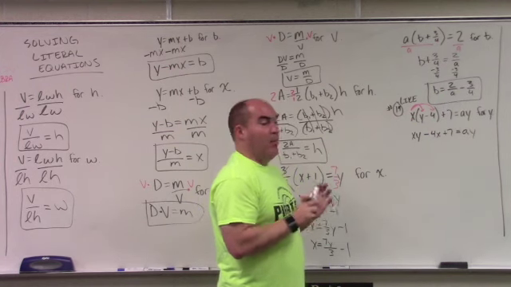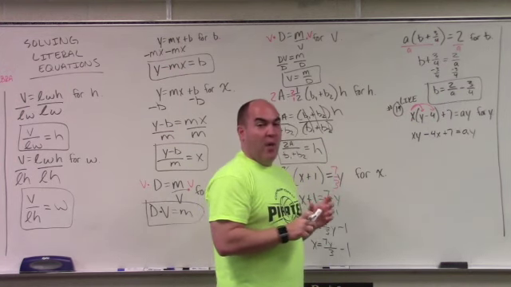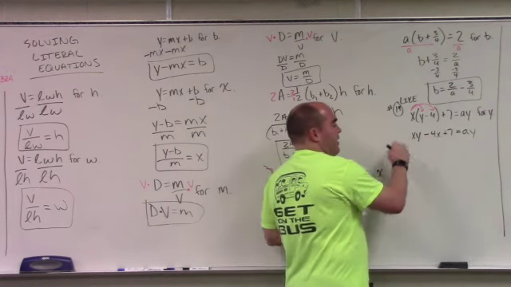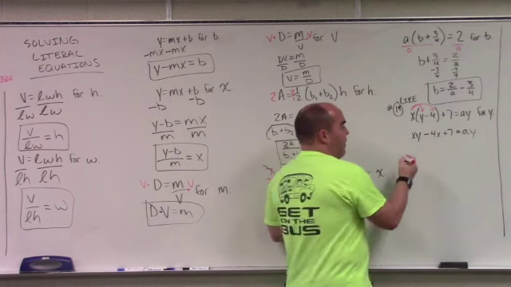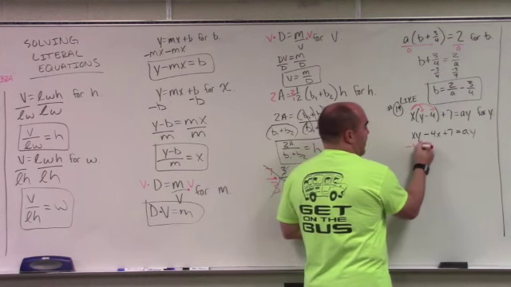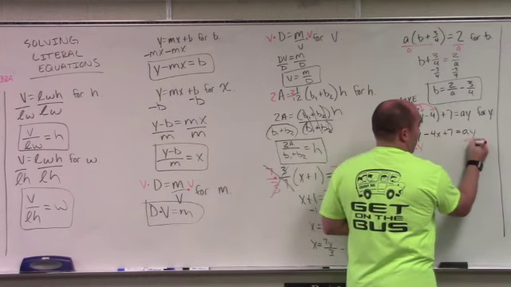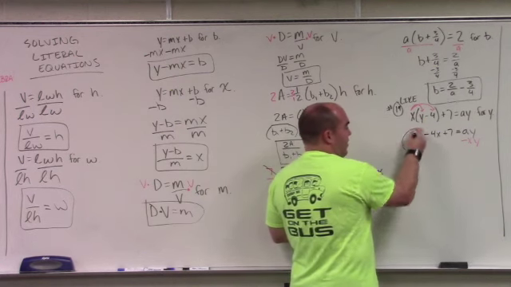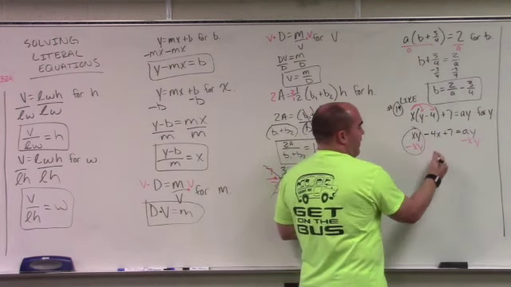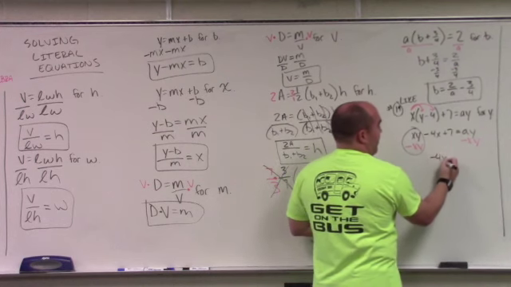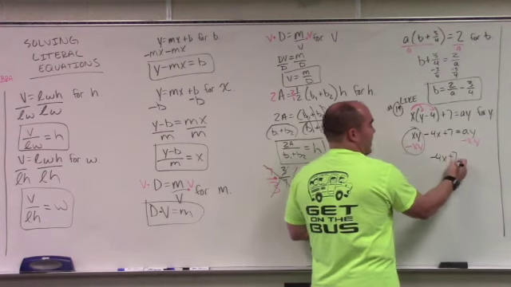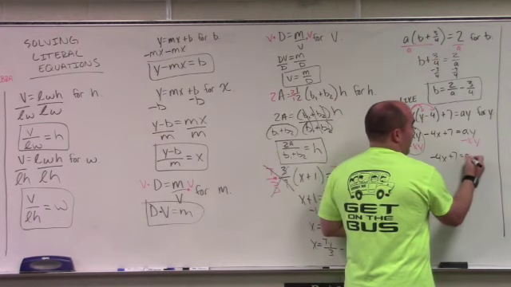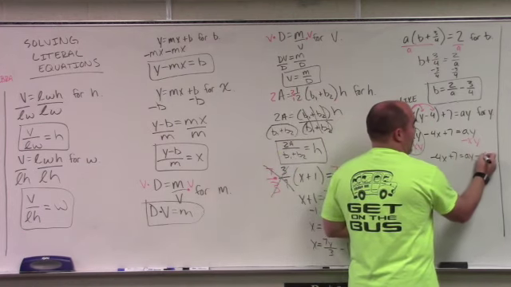Now, if I want both of the terms that have a y in them to be on the same side, if this is a positive xy, then the way I move it is I'm going to subtract it. So this is going to make a 0. I have negative 4x, so I write it down. I have positive 7, I write that down. And then over here on the right, I have ay minus xy.